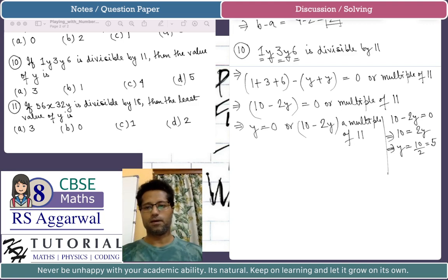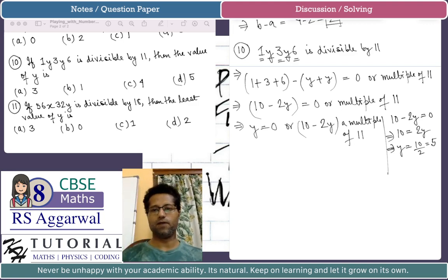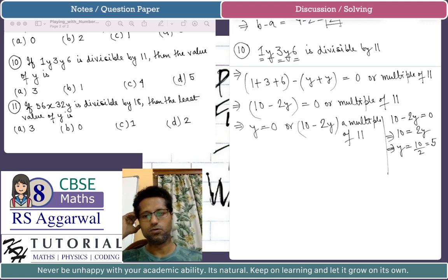Now can there exist any value of y, where y is a digit whose value is from 0 to 9? Can we consider any such digit y such that 10 minus 2y will be a multiple of 11? Can it be 11? It cannot be.